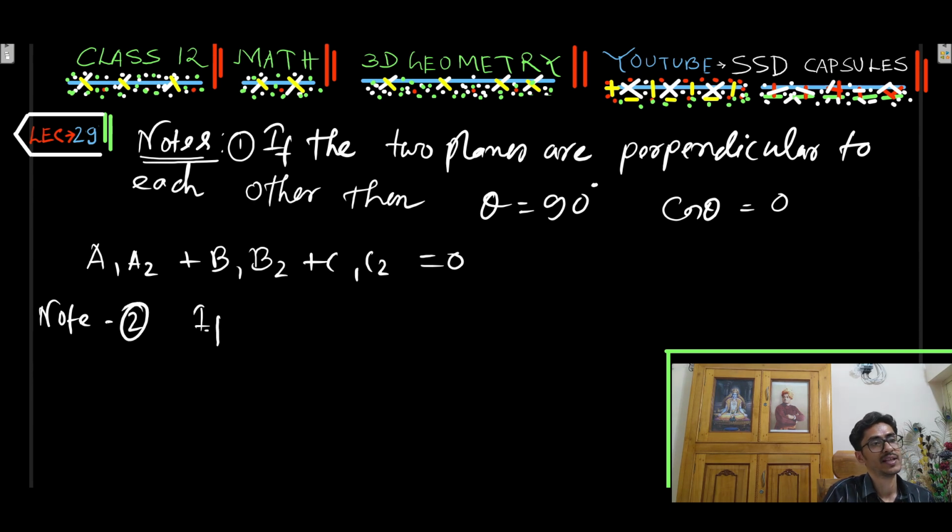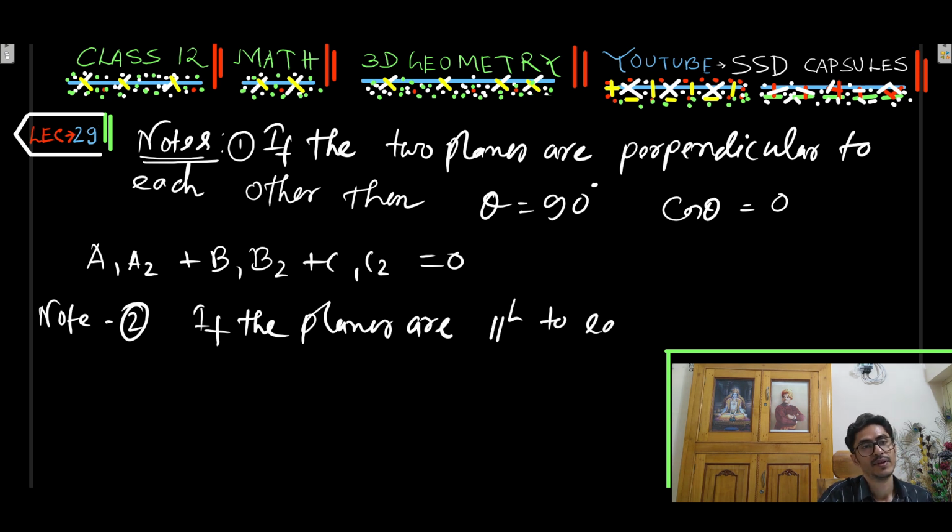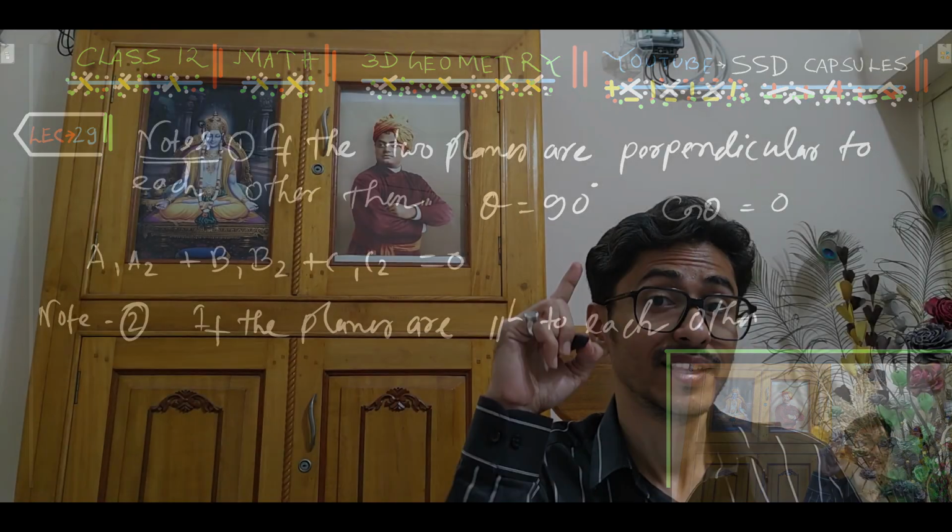Note 2: if the planes are parallel to each other, then in that previous lecture we have derived a form in which we found the angle theta in terms of sin theta. As these planes are parallel, the normals to the planes are parallel.